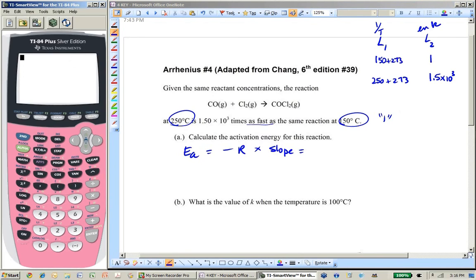So let's see how that looks in the calculator. Clear all my lists. Starting over here so I don't make any errors. I'm going to do 150 and 250. Go to the top. I'm going to take everything in L1, add the 273, and then I'm going to take the reciprocal.